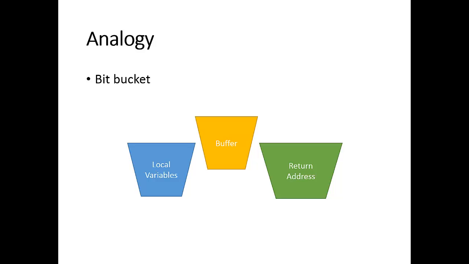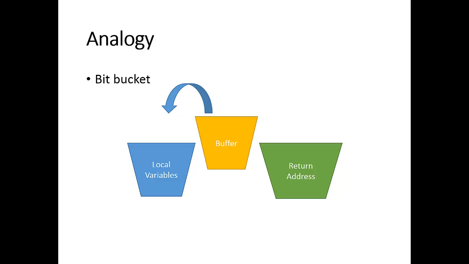For example, when the buffer bit bucket overflows into this bucket containing local variables, wiping out or contaminating the information inside the local variables bit bucket, then the program is not able to run properly, or the important information stored in the local variables could be manipulated or changed, which is not a good thing for security.